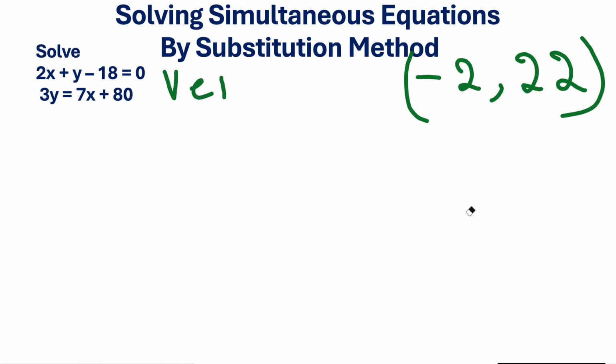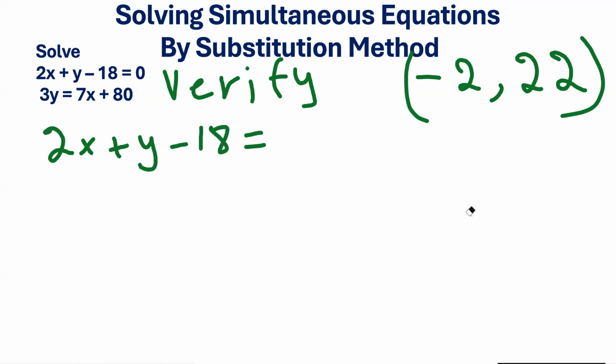How to verify? Substitute in the given question and the equations will be satisfied. I'm substituting in equation number 1. 2x plus y minus 18, you should get 0. What is the value of x, which you have just completed? It is minus 2.